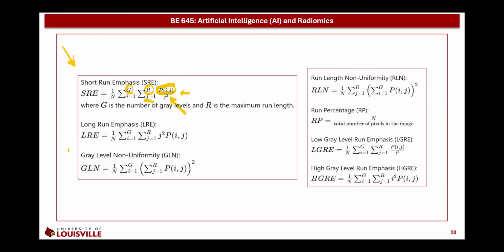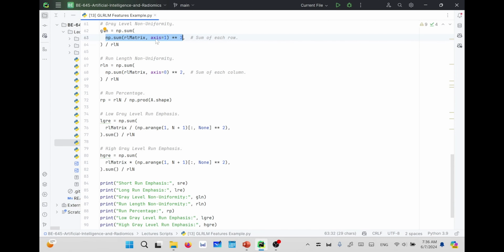What about GLN or gray level non-uniformity? Here it squares the summation of each column in a specific row. So if you have a matrix here, it will sum all of these numbers and square that, and then apply the same for here, and then calculate the total summation and divide it by 20 or any value. So to do it programmatically, you can square the summation of the matrix, and you can use axis of 1 to access the columns and generate a matrix of rows.